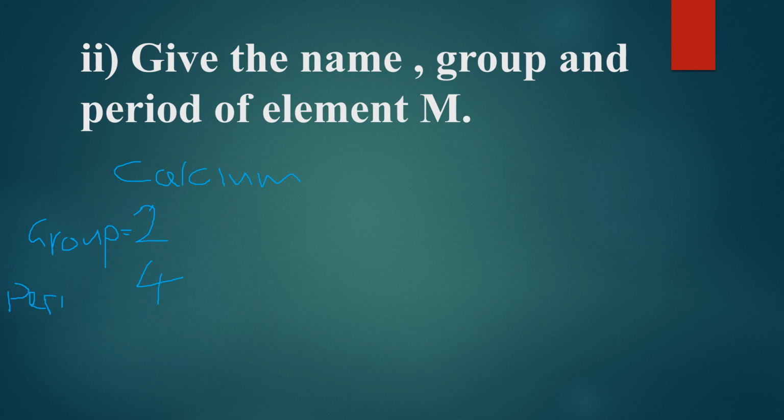In other years they were asking why such an element is found in period 4, because it has 4 shells. So give the name, group, and period where element M is found. We have answered here, 3 marks.